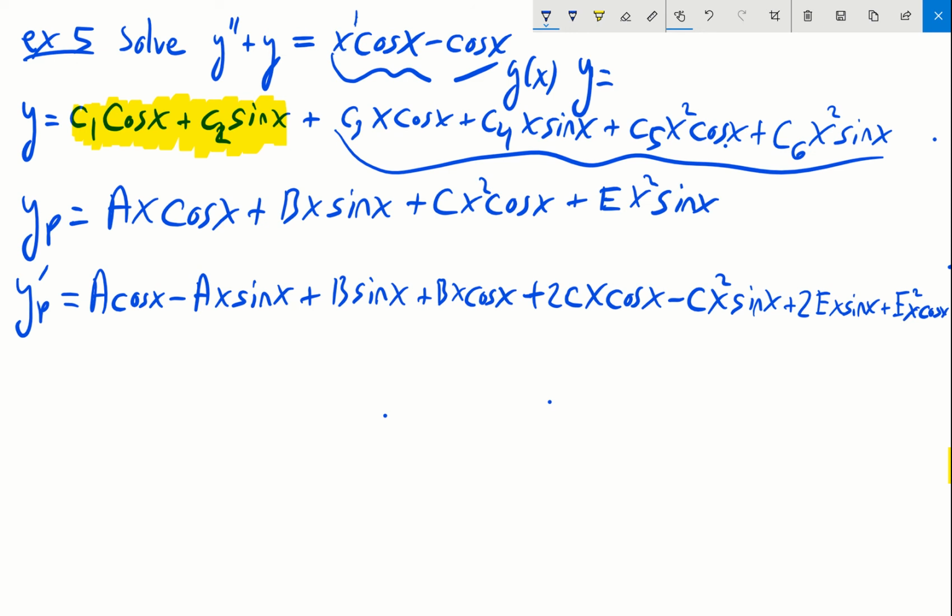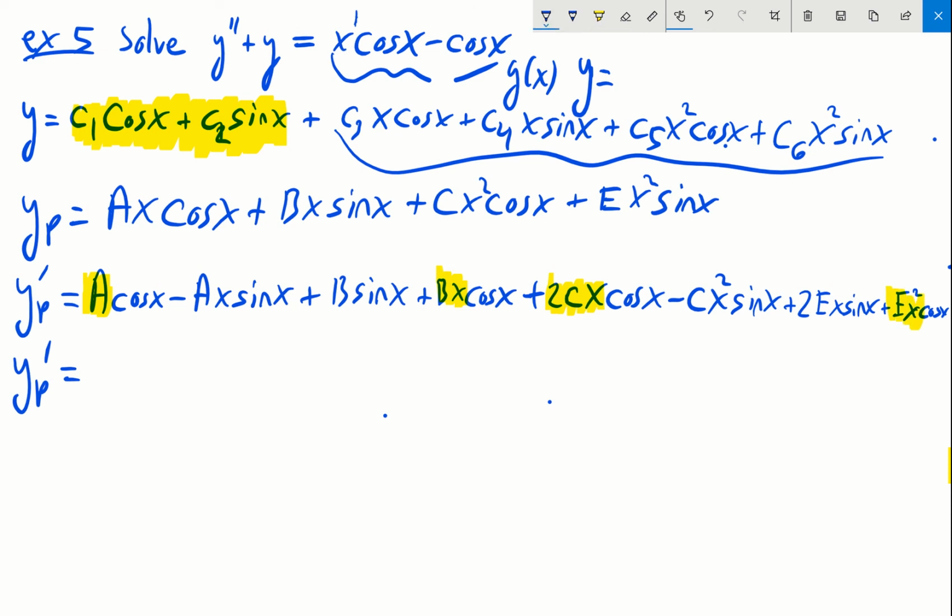And now at this stage, it's helpful, again, to combine our like terms before we take another derivative. We have a couple cosine terms here. Here's a cosine term, and here's a cosine term. Another cosine term here, and a cosine term there.